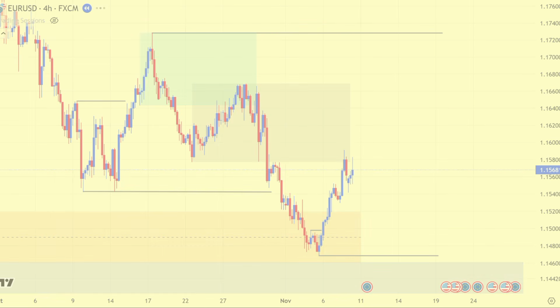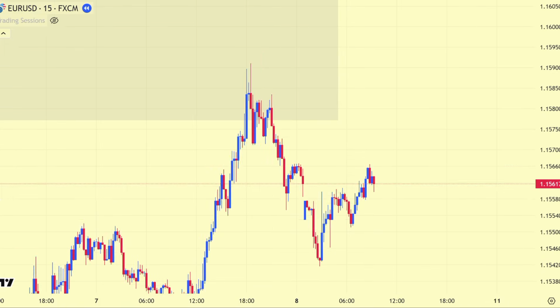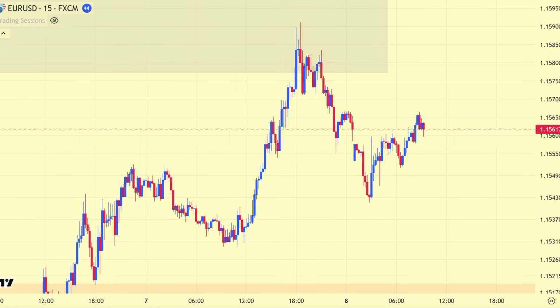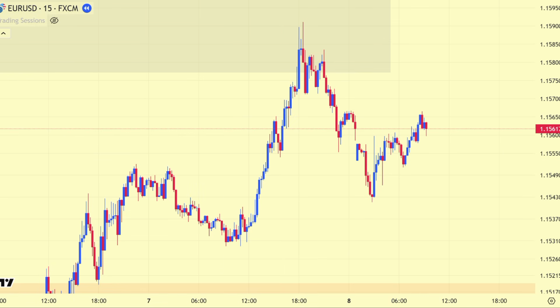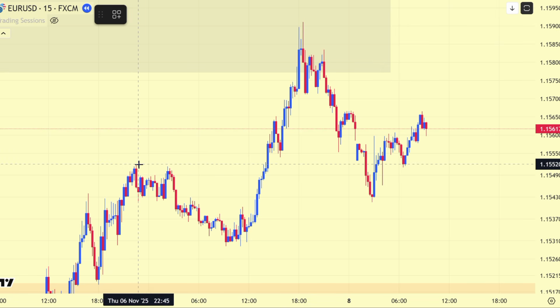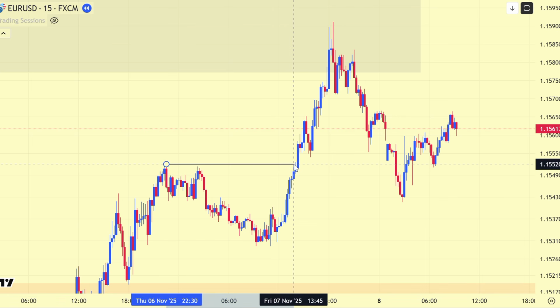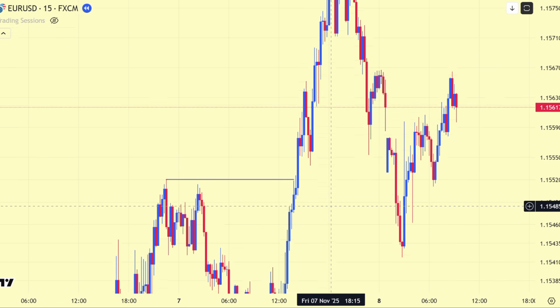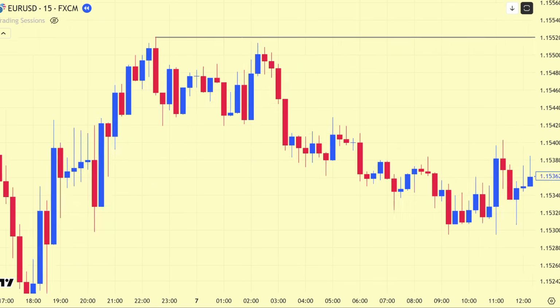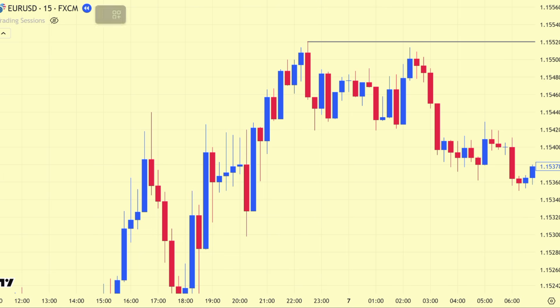All right, so exactly right here on the 15-minute, we can clearly see that this one here is a valid break of structure. Why am I calling this one a valid break of structure? It is because price has taken out, you can clearly see the same pattern, exactly right here.